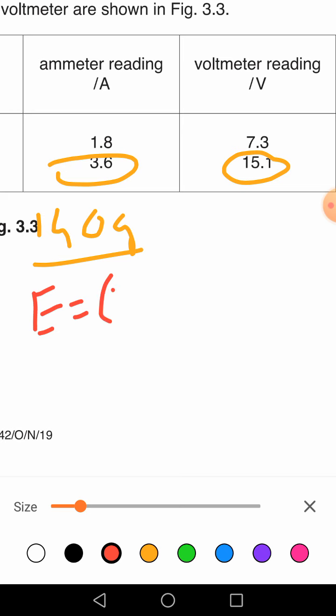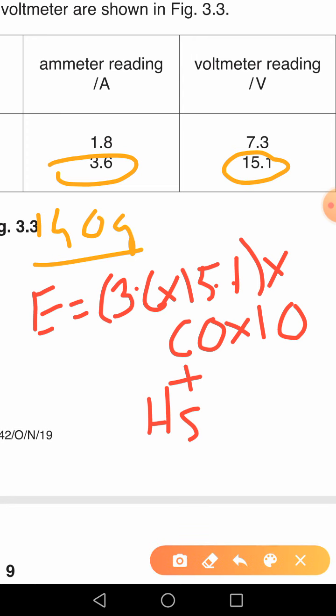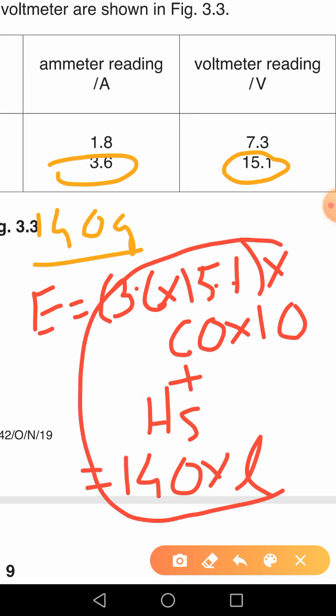Energy is equal to power, which is 3.6 into 15.1, into time for 10 minutes, 60 into 10. So this value plus heat supplied from the surroundings in 10 minutes will be equal to the mass of water melted into specific latent heat.